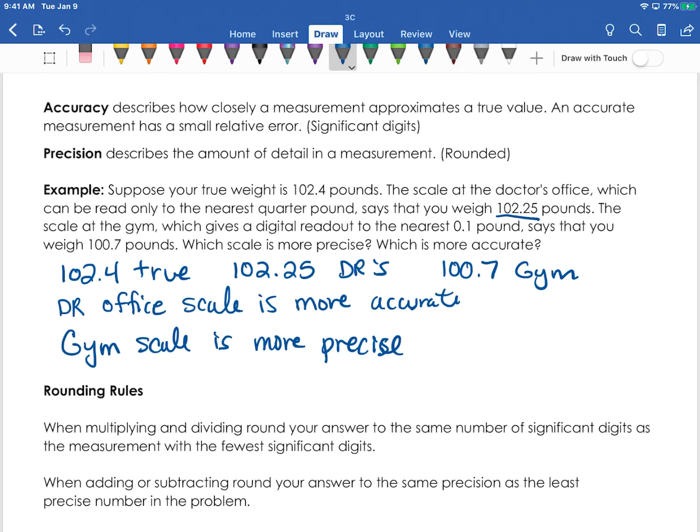There's a lot more detail there, whereas the scale at the doctor's office can only read 150.0, 150.25, 150.5, and 150.75, based on the quarters, where the gym scale can read you to 1/10 of a pound. So the gym scale is much more detailed, which means the gym scale is more precise.